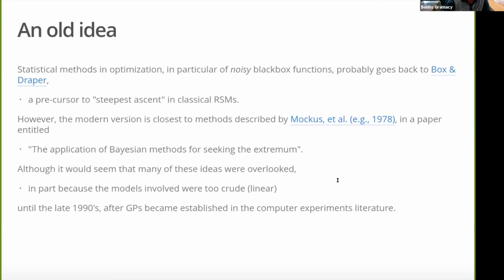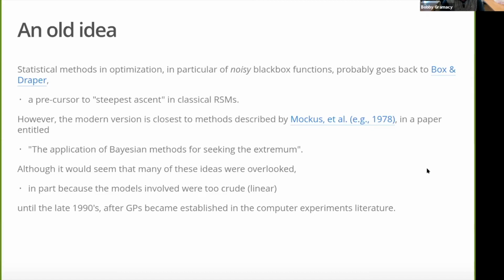What I'm going to describe to you was first written about in the 70s, but it was largely ignored. This paper from the 70s was called The Application of Bayesian Methods for Seeking the Extremum. This is where the word Bayesian comes from in Bayesian optimization. Again, I don't think that you need to understand what Bayesian means to understand what we're going to do.